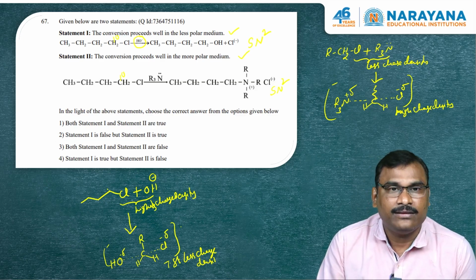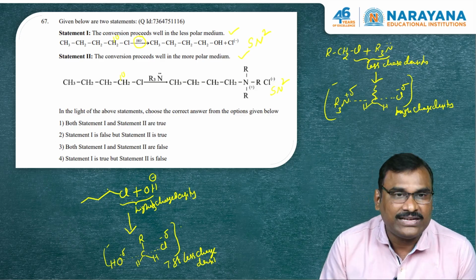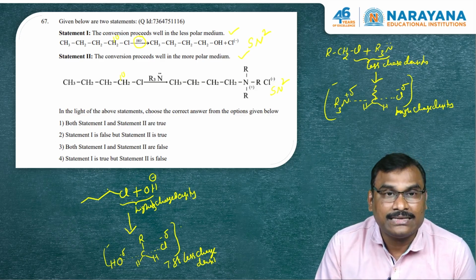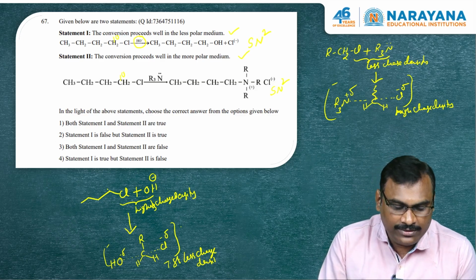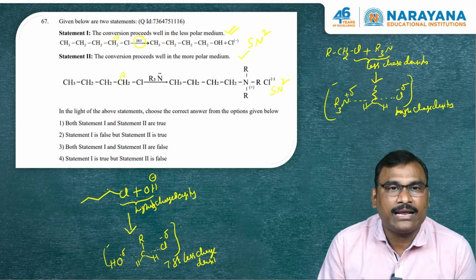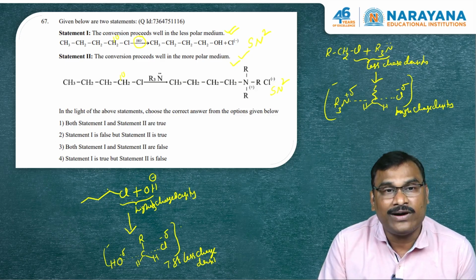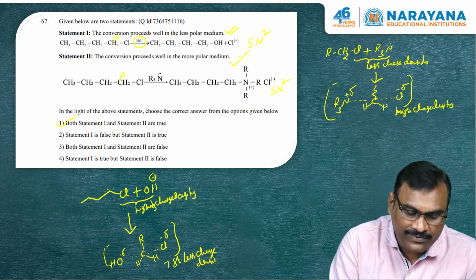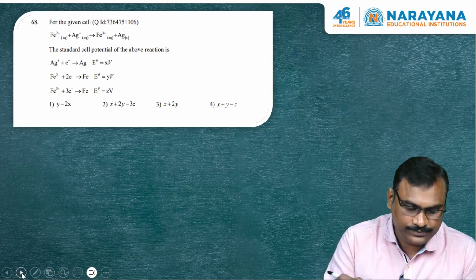A more polar medium gives lower activation energy, and in the first reaction, a less polar medium does not increase the activation energy. So in the first one less polar medium and in the second one more polar medium makes the reaction go at the fastest rate. So both statement 1 and statement 2 are correct for the given question. Now go for the next question.